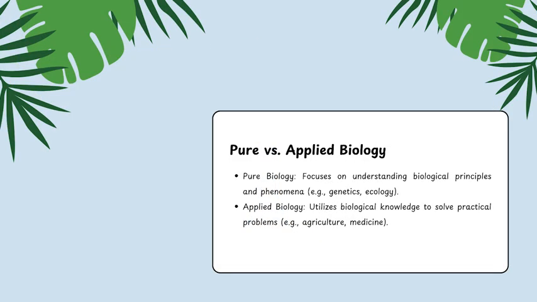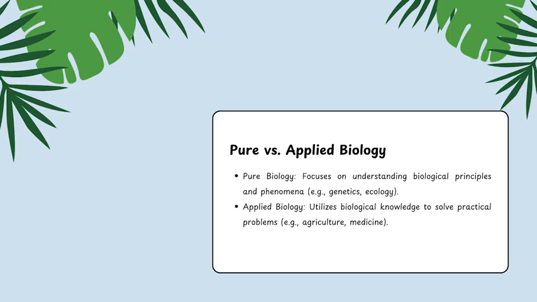Pure versus applied biology. Biology can be divided into pure and applied categories. Pure biology focuses on discovering biological principles just for the sake of knowledge. For example, genetics and ecology are pure sciences because they help us understand how life works.